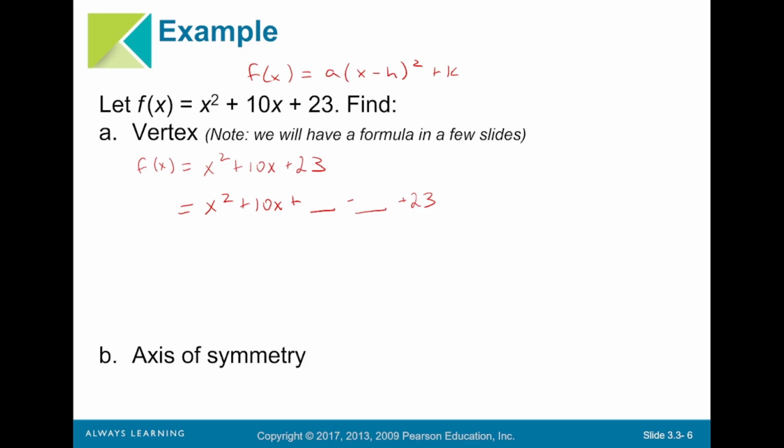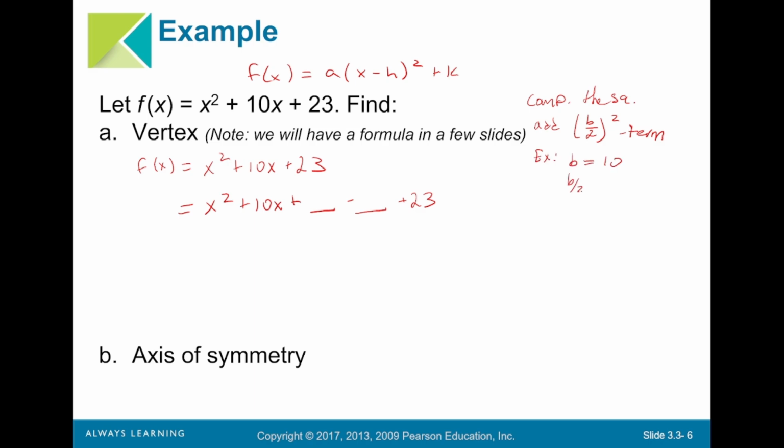The thing that we're going to plug in here comes from completing the square, which is where we add the b over 2 squared term. Notice for this example, we know b equals 10.